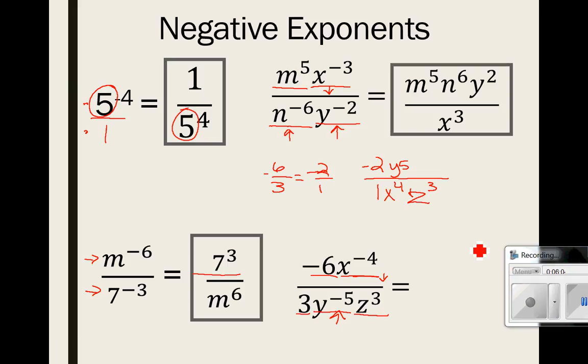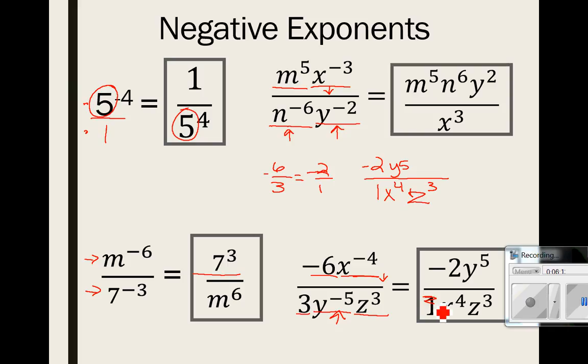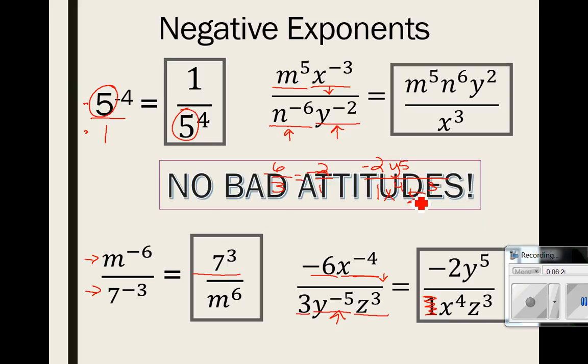Then your final answer is negative 2y to the 5th over 1x to the 4th, z to the 3rd. You don't even need this 1, but it definitely makes it easier as a placeholder. And remember, no bad attitudes. If you have a bad attitude, you have to go upstairs or downstairs based on where you are located.